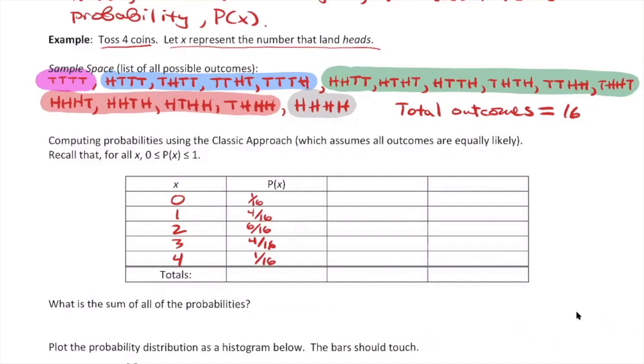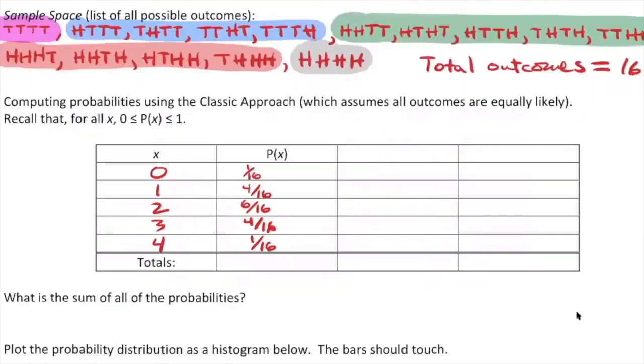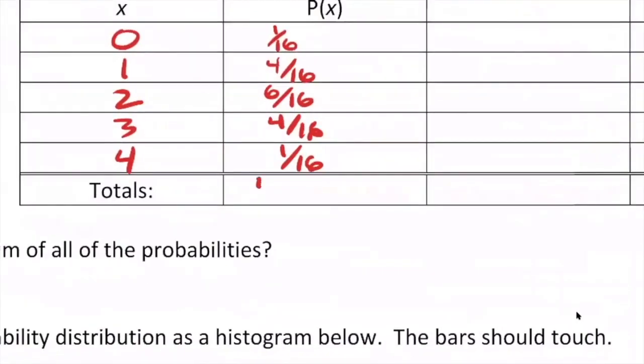What do you think those probabilities add up to? Anybody? Yeah, 16 out of 16, which is 1. So the total is 16 out of 16, which is 1, and 1 is the same thing as 100%.